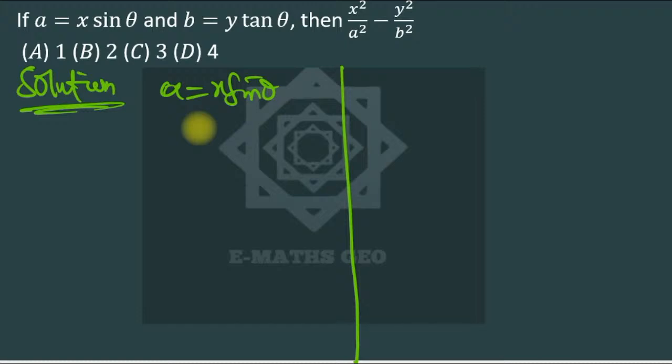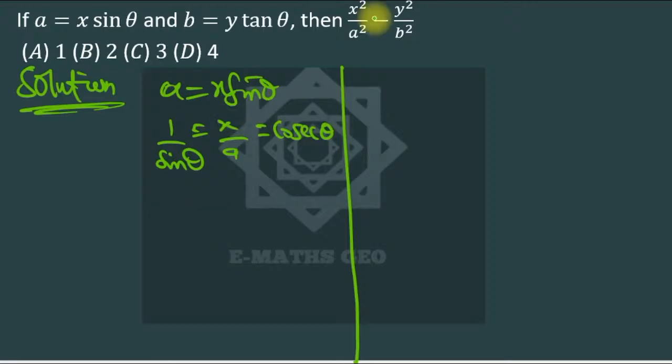From here I'm seeing x squared over A squared, so I can make x over A the subject of the formula. x over A is 1 over sine theta, and 1 over sine is cosec. That's the first thing.